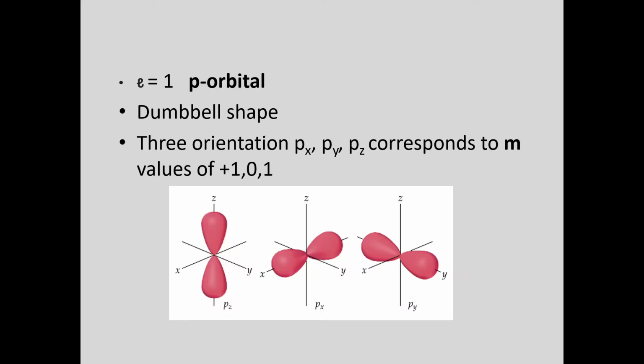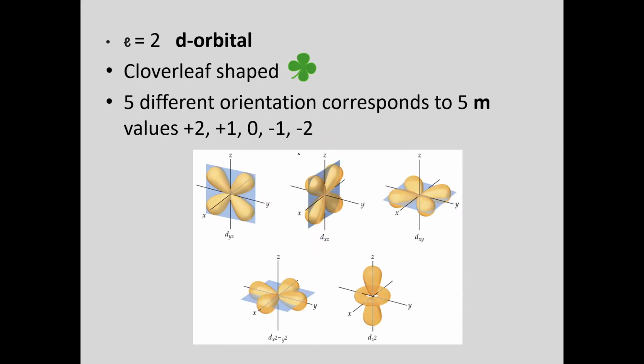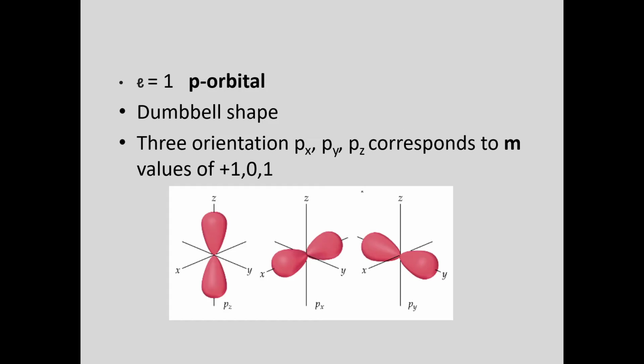Untuk p orbital, it is dumbbell shape. This dumbbell shape, so we have 3 orientation based on 3 axis yang kita ada. So kita ada axis X, Y and Z kan. So the orientation of the orbital, it is either on Z axis, so we denote it as PZ sebab dia duduk kat Z axis.